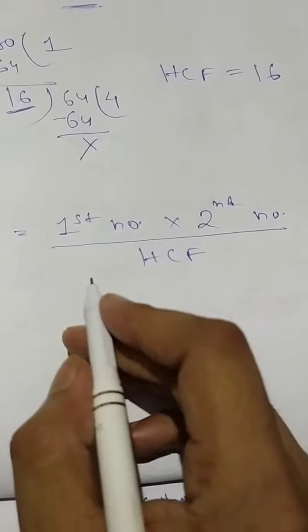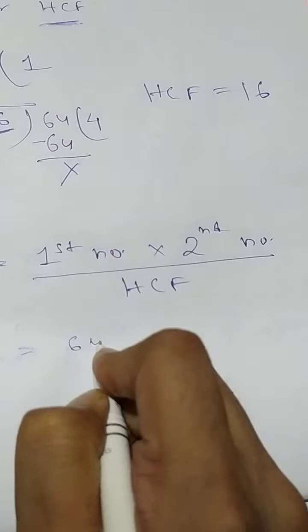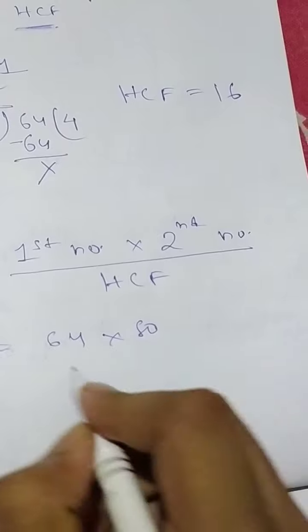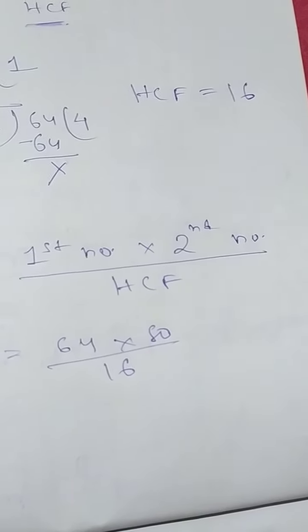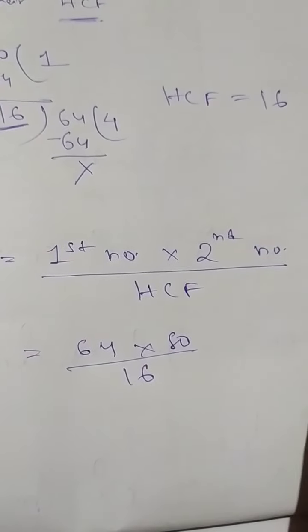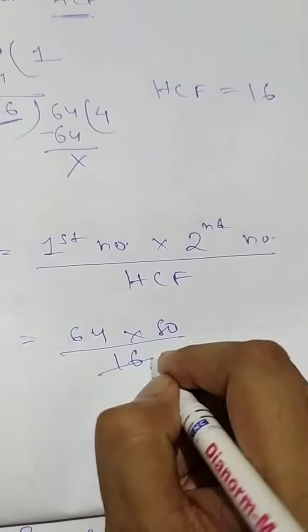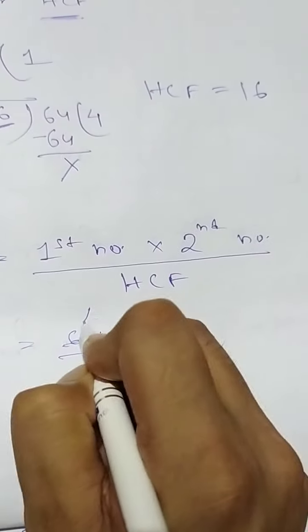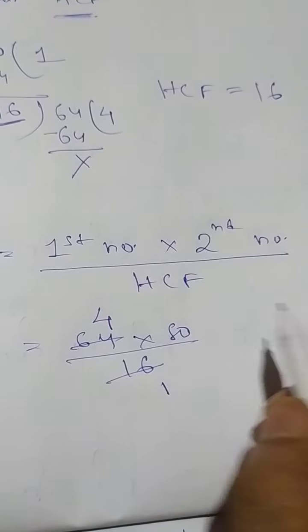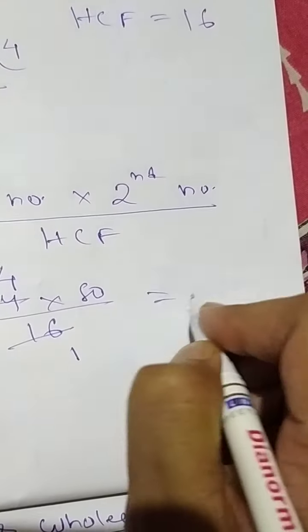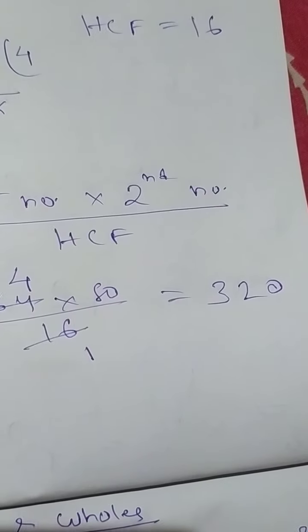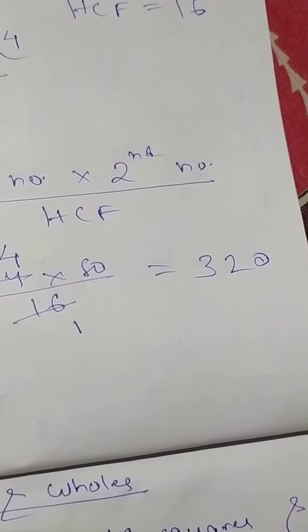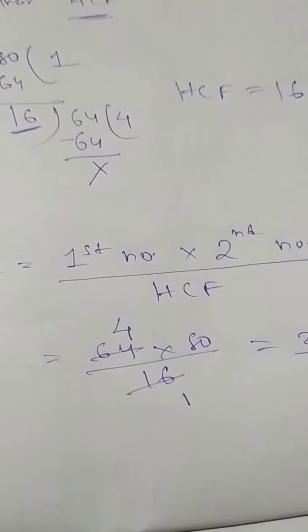So let's write down 64 into 80 by HCF, which is 16. Now here you can directly cancel. 16 ones are 16 and 16 fours are 64. And 80 into 4 is 320. So your LCM is 320. Okay, by this method you have to find it.